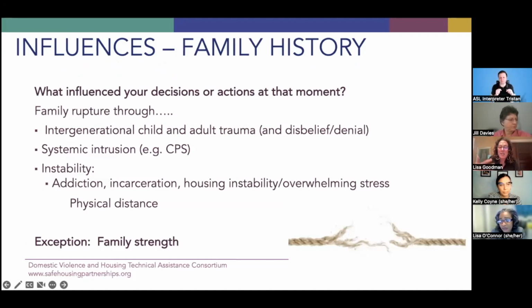Fascinatingly, when we asked about influences, a lot of survivors immediately harkened back to early in life. So when we asked the question, if you didn't call someone, why not? Many talked about different kinds of family rupture, and they talked about this in a variety of ways. And this is the first set of influences, which we're calling interpersonal influences.